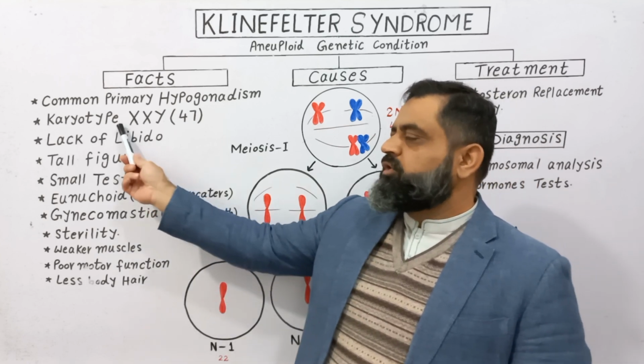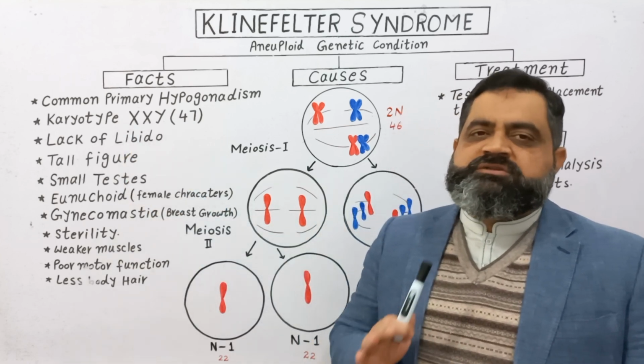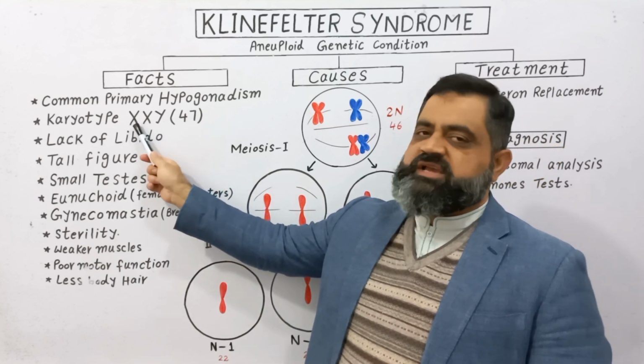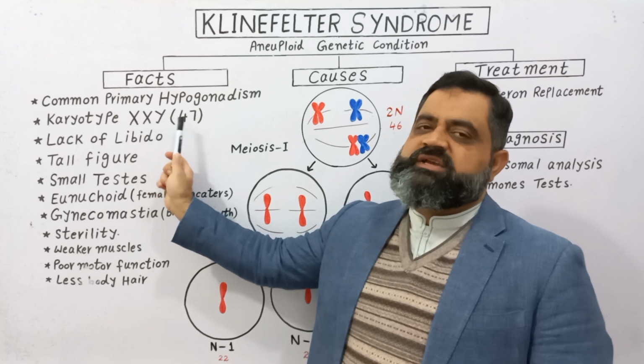If we look at the karyotype, this person will have 47 chromosomes. One X chromosome is extra along with the normal XY chromosomes.